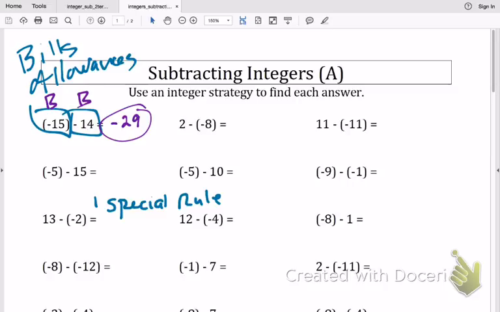Moving on. This is the special rule. Look very closely, because there's a special rule with subtraction of integers. If you look right here, we are subtracting a negative. Anytime we do a minus, what we're actually doing is getting a refund. How does that work? That negative 8 is a bill, but you're taking away a bill.